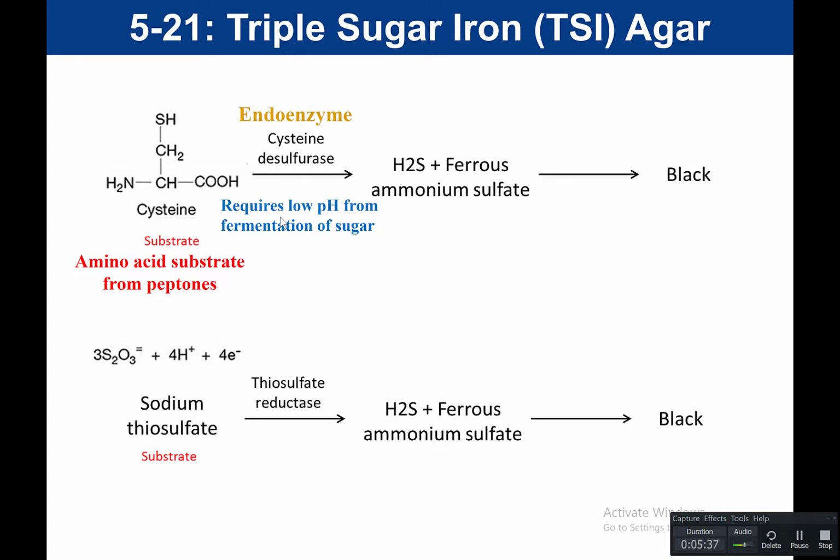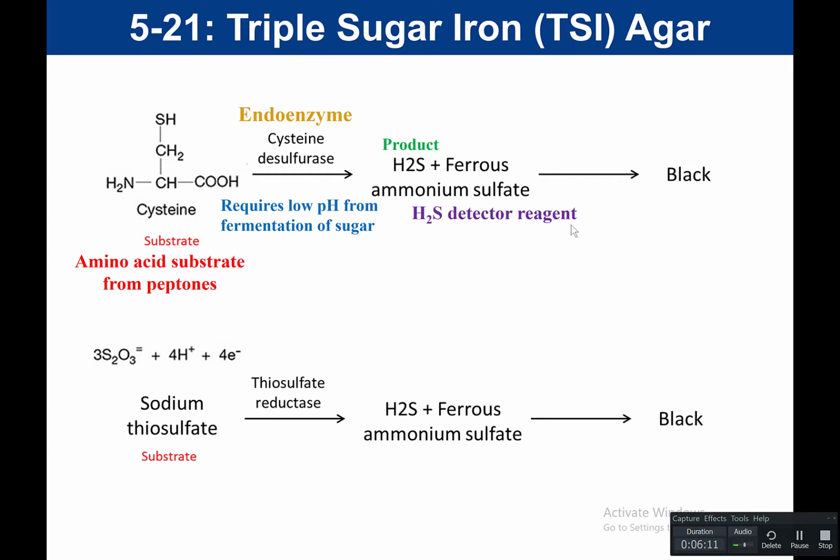So in order for this reaction to occur, we have to have a low pH. If we have a low pH and bacteria have this enzyme, they will produce the product, hydrogen sulfide. H2S is hydrogen sulfide, and it is detected by the ferrous ammonium sulfate that is in the media. In this case, this reagent is not added after.